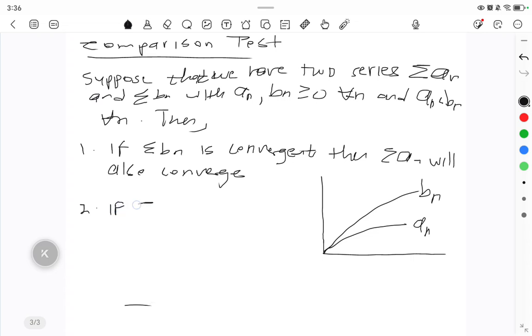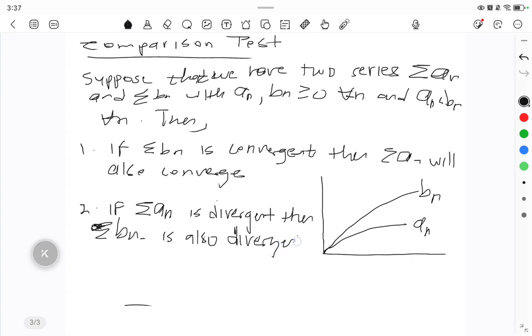We say that if this an is divergent, then we can say that also the summation of bn is divergent. If this one diverges, in other words, it goes up, it will force bn to also go up, to diverge.